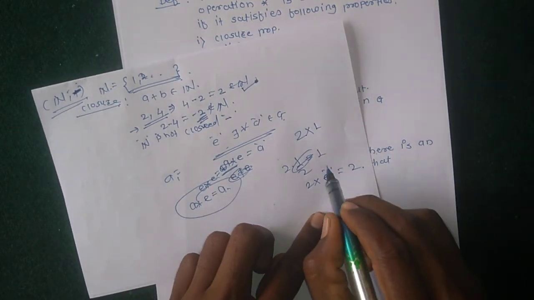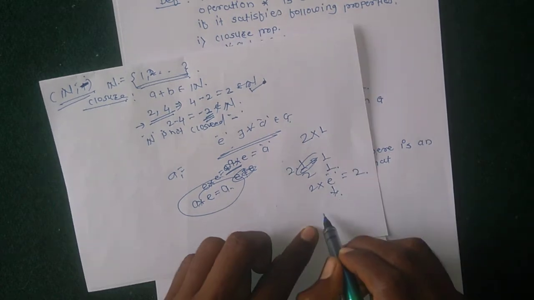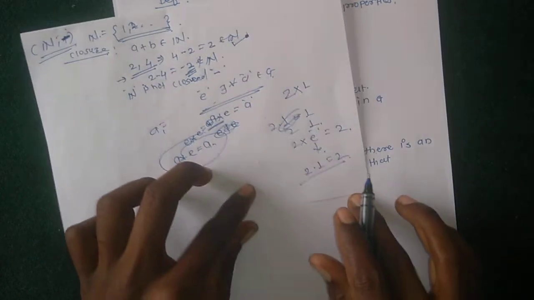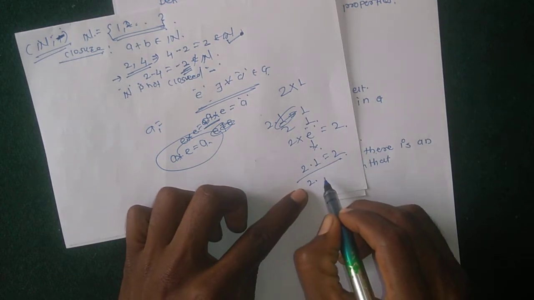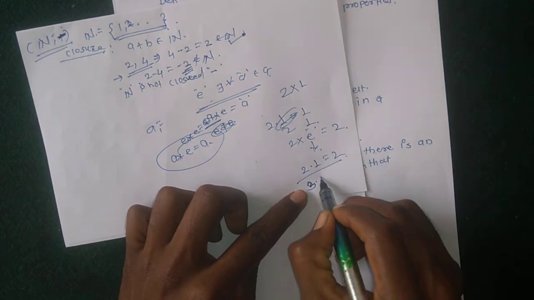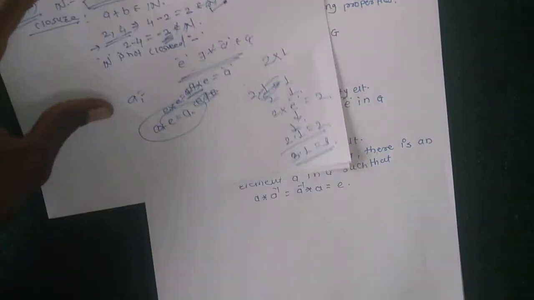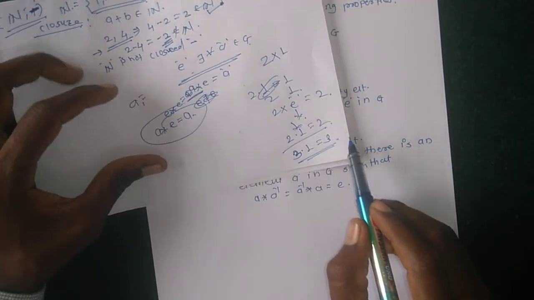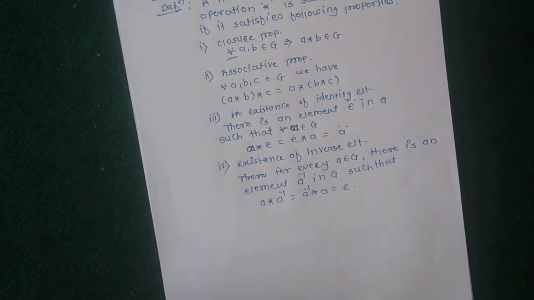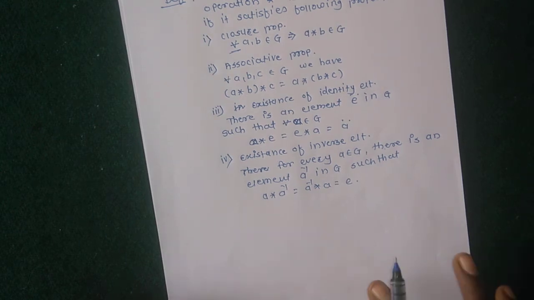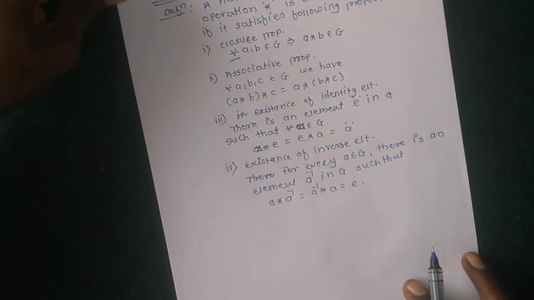Here the identity element is 1. Also 2 into 1 equals 2, and 3 into 1 equals 3, meaning the identity element is unique in that set, but the inverse element is different for every element in that set. Okay, this is the definition of a group.